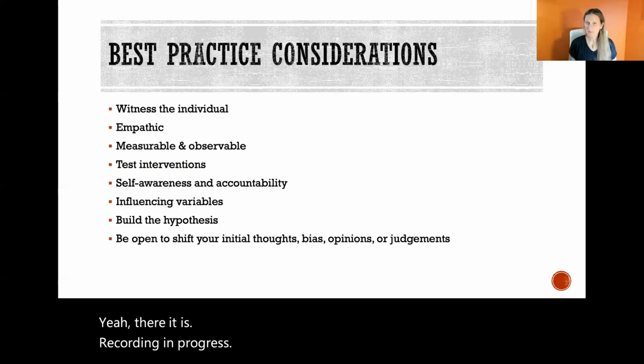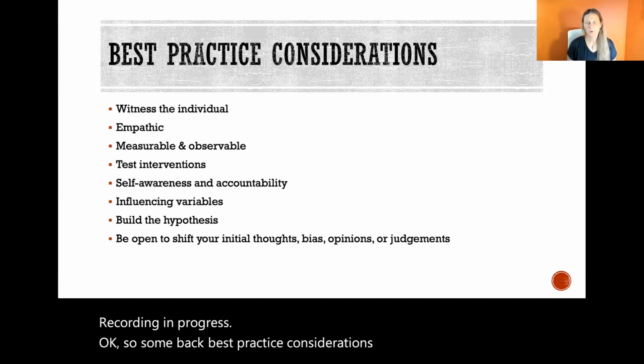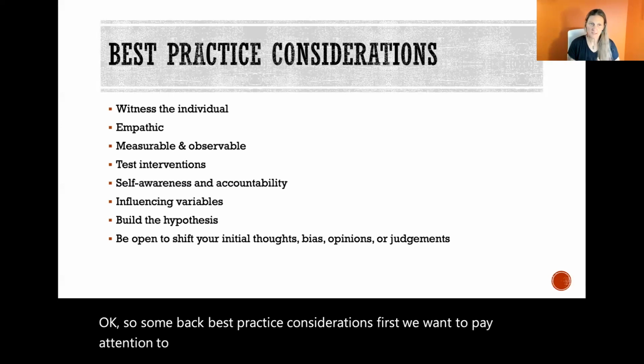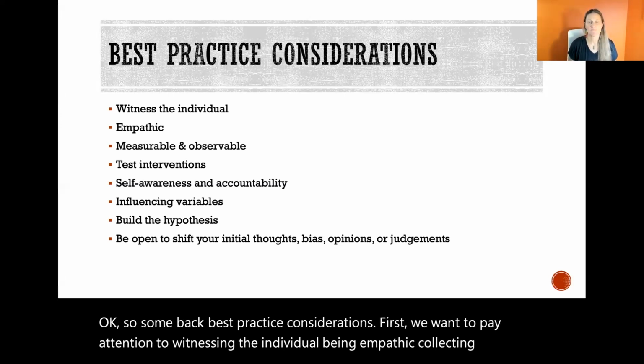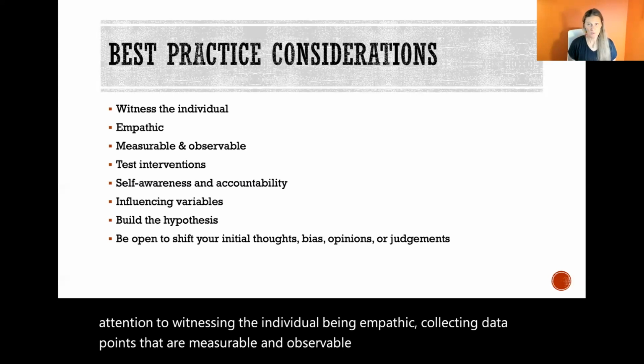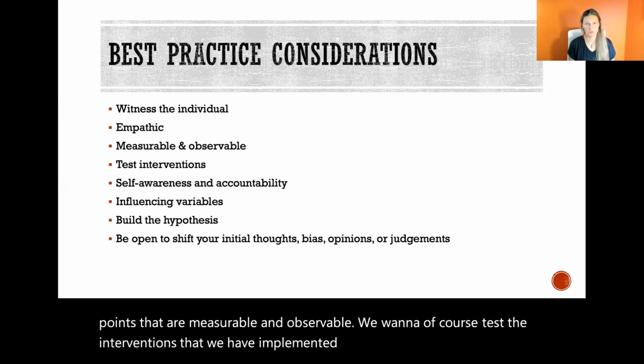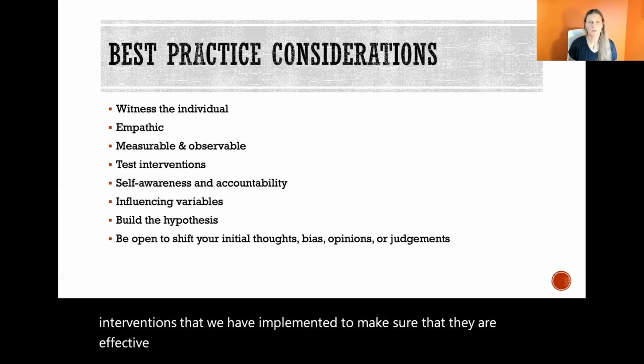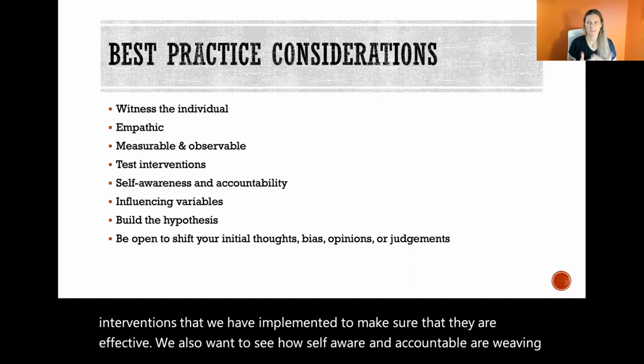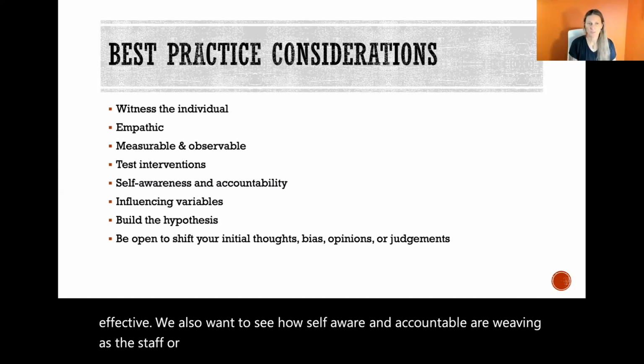Okay, so some best practice considerations. First, we want to pay attention to witnessing the individual, being empathic, collecting data points that are measurable and observable. We want to, of course, test the interventions that we have implemented to make sure that they're effective. We also want to see how self-aware and accountable we are being as the staff or support person.